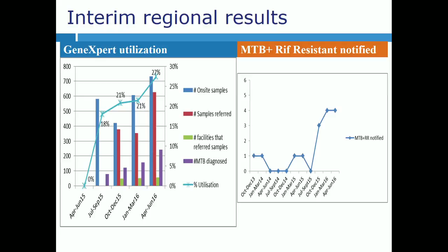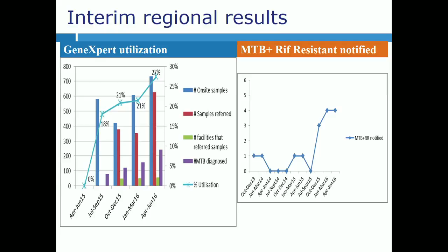The blue bar shows the data that was coming in from the Gene Expert sites. In the first quarter, we were able to have all 5 Gene Expert machines report, but they could not disaggregate whether the data was from that site or from other sites in the region. The following quarter, you can see that the samples increased.